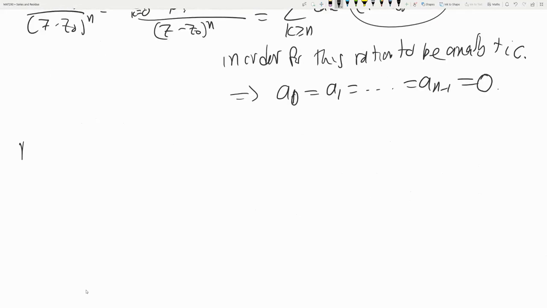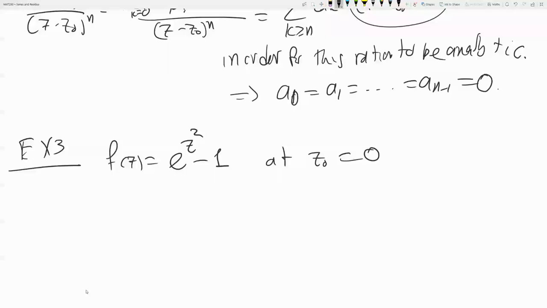Okay, one more example for zeros. f of z is equal to e to the z squared minus 1, and we're looking at z naught equals 0. Well, as usual, expand. Let's expand the exponential around z equals 0.